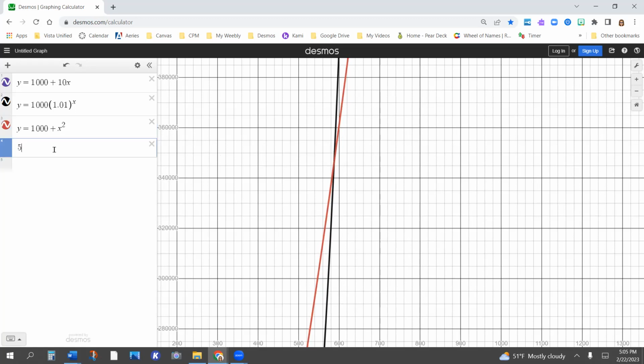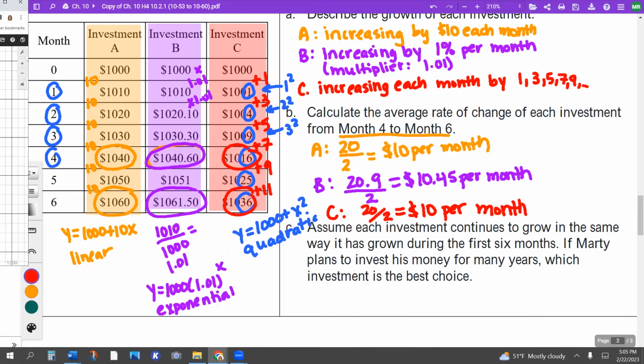If I take 587 months divided by 12, that's going to be 48.9 years. So in 48.9 years, the exponential is going to be better than the quadratic. Exponentials will always eventually be better if it's an increasing exponential.